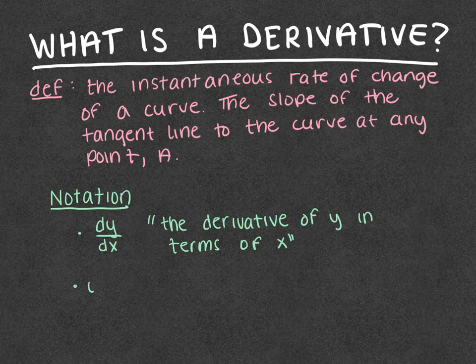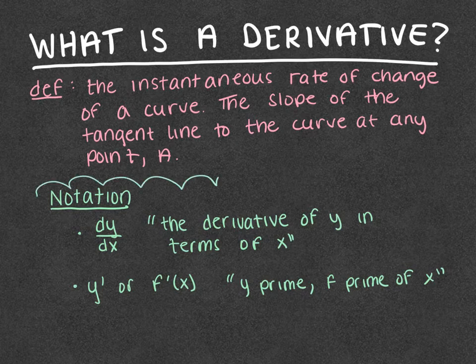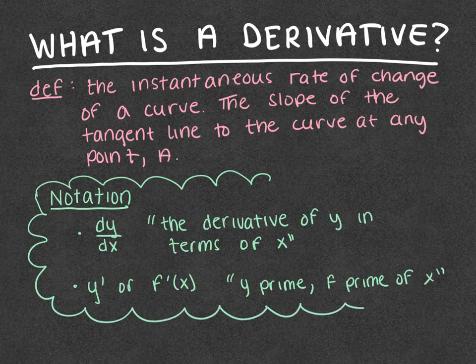You might also see y prime or f prime of x. That's just a shorthand way of writing a derivative, and we pronounce that y prime or f prime of x. Go ahead, take a second to write that down, and we will continue.